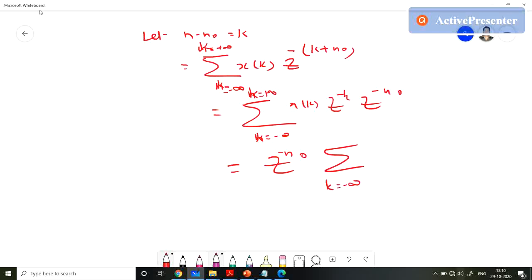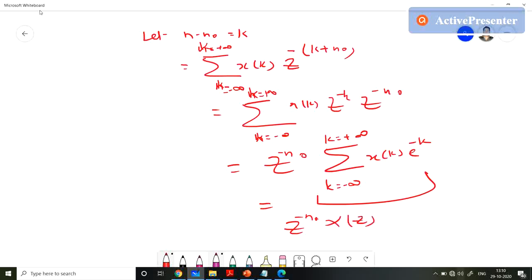So it is the sum over k from minus infinity to plus infinity of x[k] z raised to the power minus k, which is nothing but the z-transform of simply x[n]. So the z-transform of x[n minus n0] is z raised to the power minus n0 into X(z).